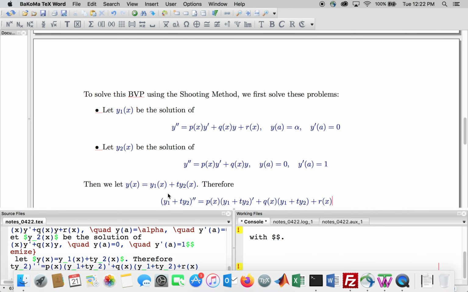And the thing is, y1 double prime equals p y1 prime plus q y1 plus r.